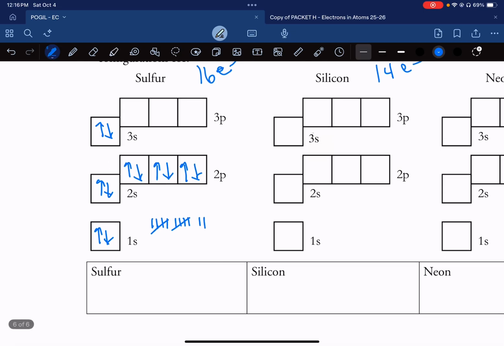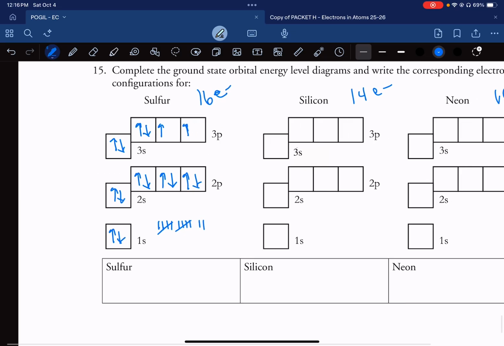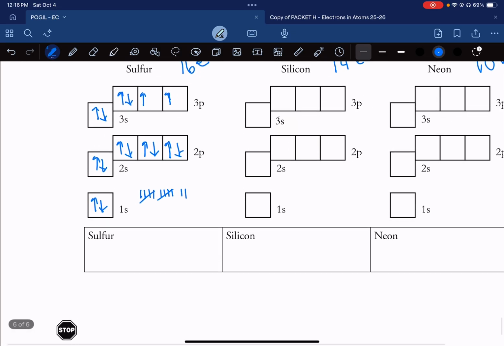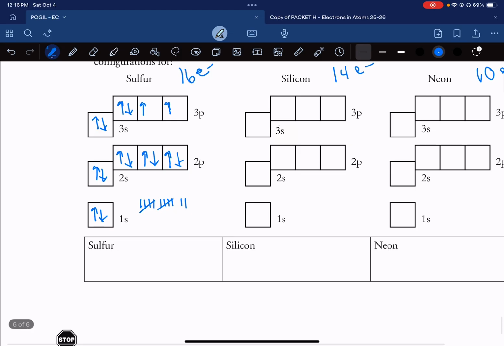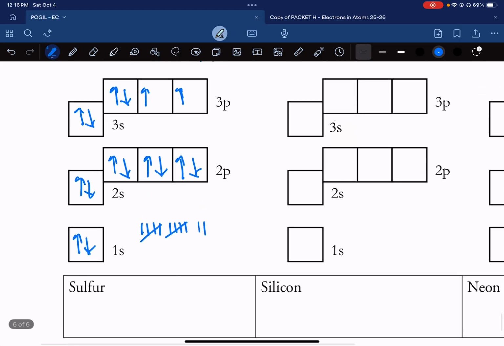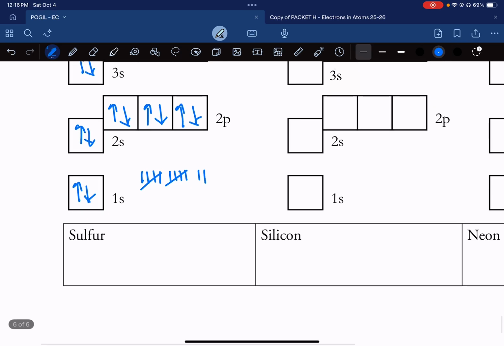A single electron would be like one box, if you will.